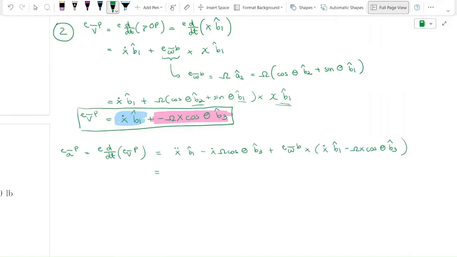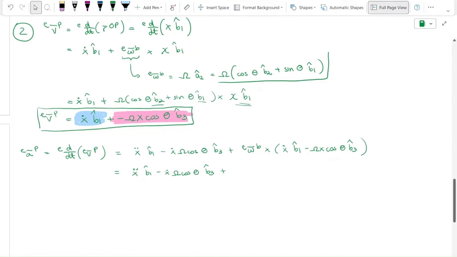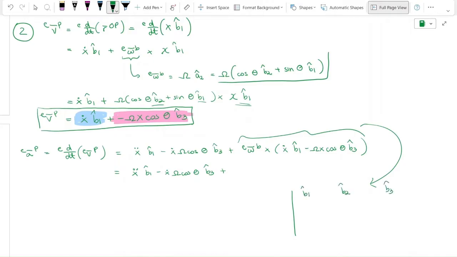Okay, this gives us x double dot plus, now the angular velocity of B is equal to this. So this cross with this becomes, let's do the determinant method just for my own sanity. b1 hat, b2 hat, b3 hat.